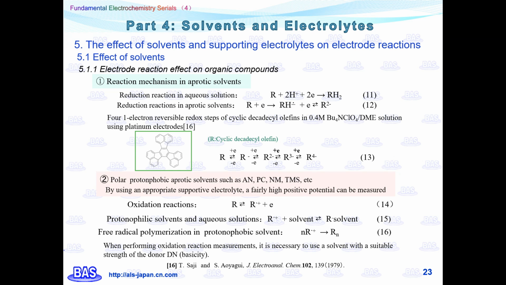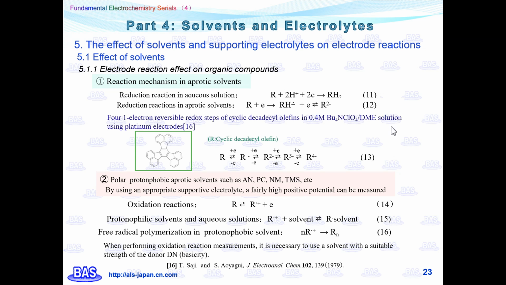Many organic compounds are reduced by 2 electrons in aqueous solution to generate the hydrogenation reduction product RH2 in one step. However, in an aprotic solvent, the mechanism of the reduction reaction is divided into two 1-electron reduction steps. First, a 1-electron reduction generates a very stable anionic radical, and then 1 more electron is reduced to an R2- anion.